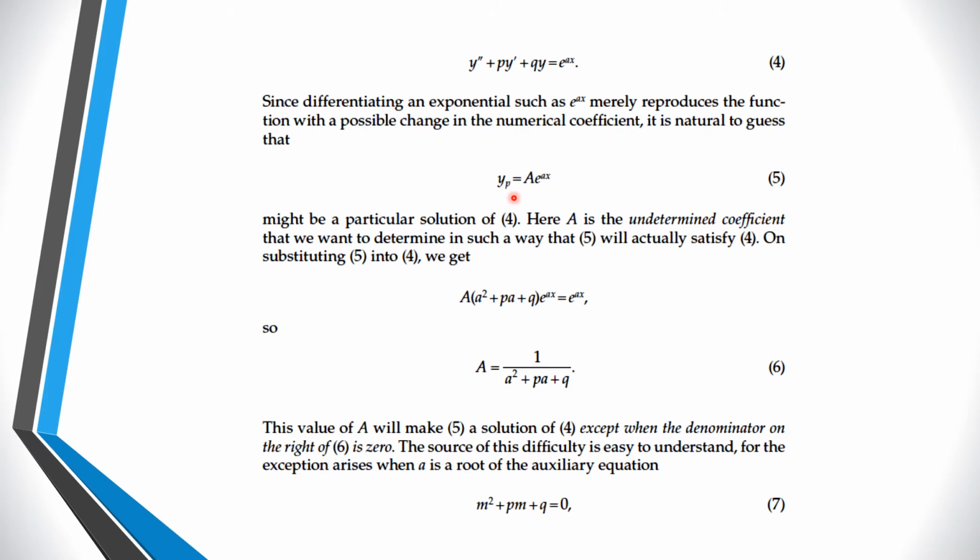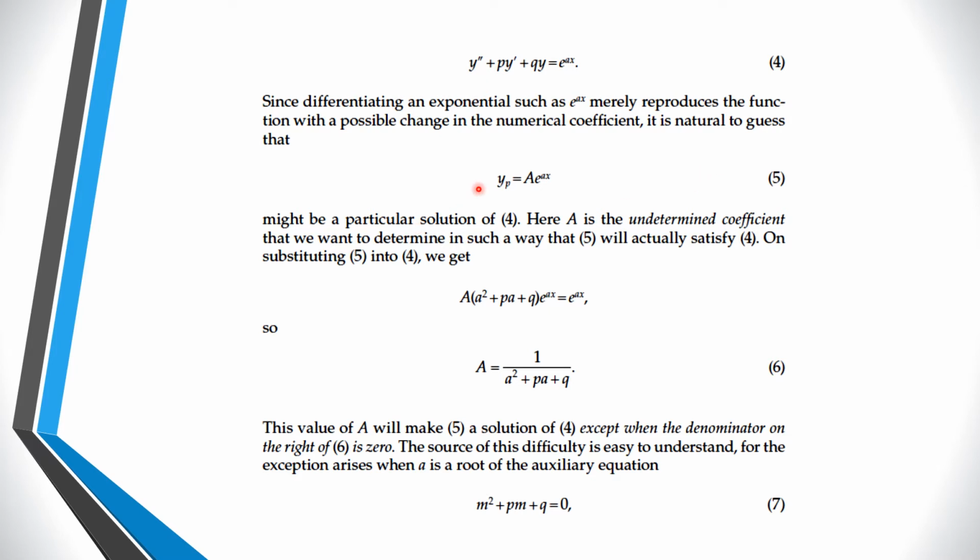Since we assume that y_p is a particular solution of this differential equation, it means y_p satisfies equation number 4. So we can find y_p prime. It will be capital A times small a times e to the power ax. We can find y_p double prime, that will be capital A times small a squared times e to the power ax.